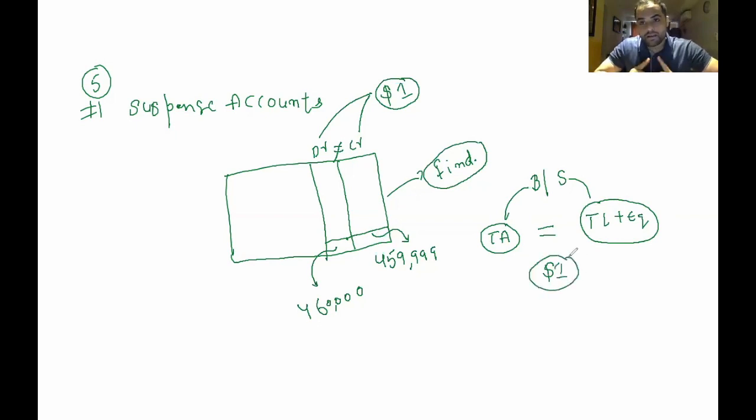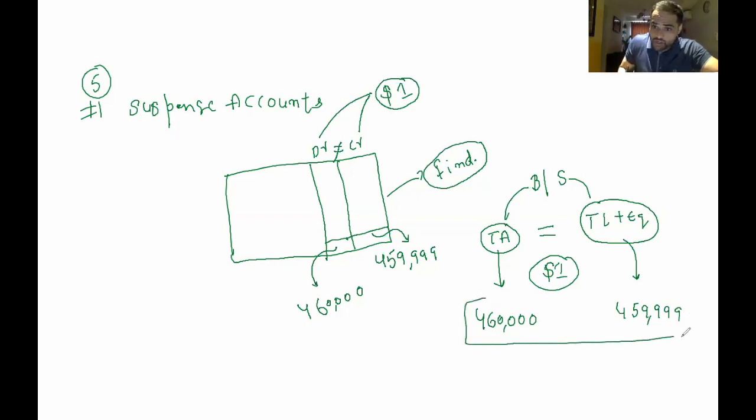All right. Now, can you tell me, when I publish my financial report in the markets, can I write my total assets 460,000 and my total liabilities plus equity is 459,999? Can I publish my financial report showing the balance of total assets is this and the balance of total liability and equity is this?